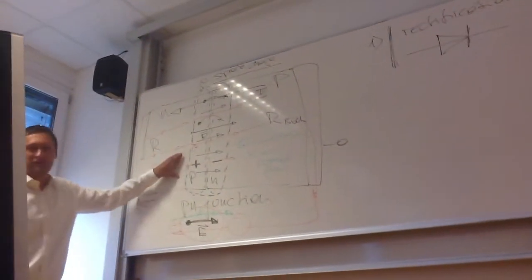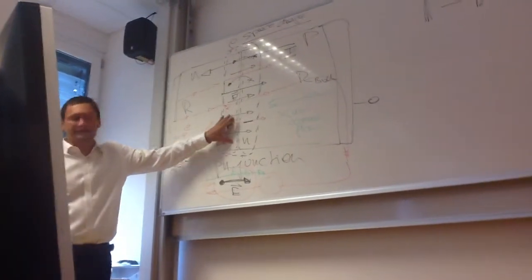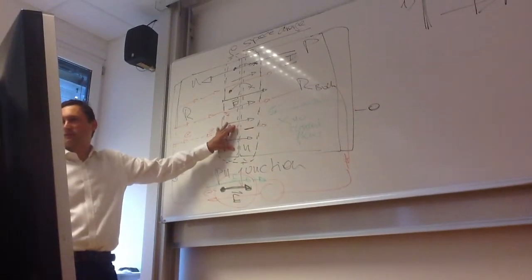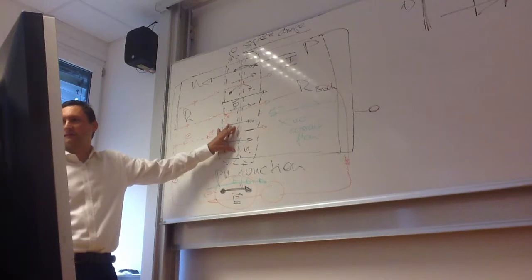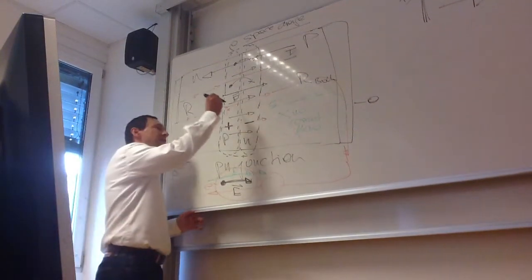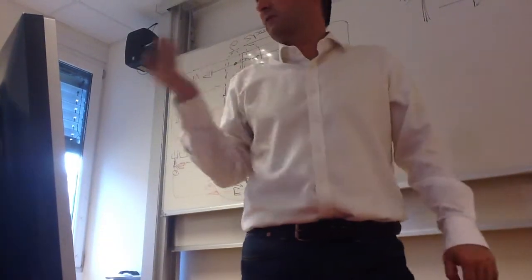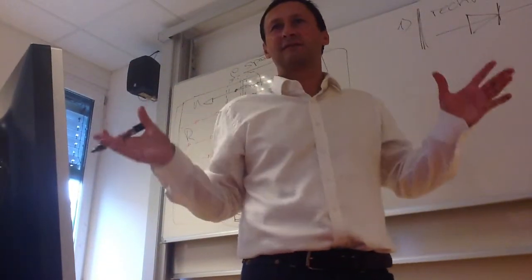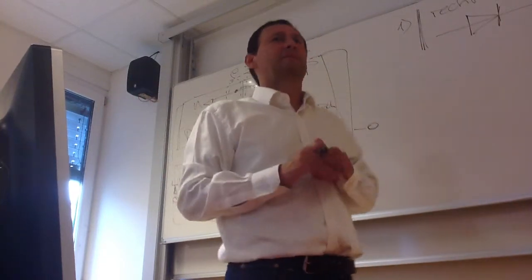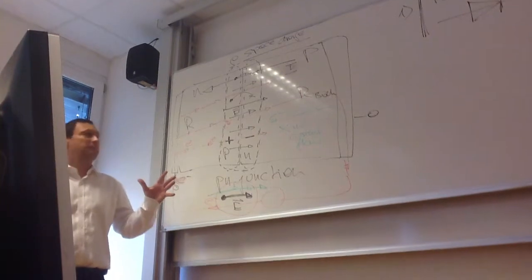It's the same junction. The only difference is that we expose the junction to light, sunlight, so that the sunlight can directly shine into the junction. And that's what you see with the solar cells. These are the blue cells. That's a big PN junction.